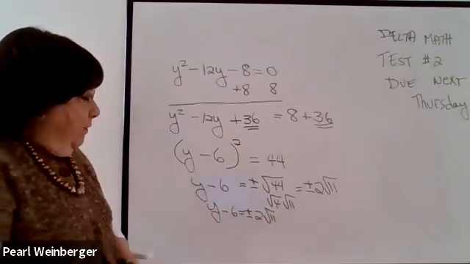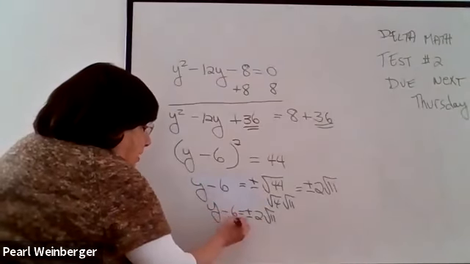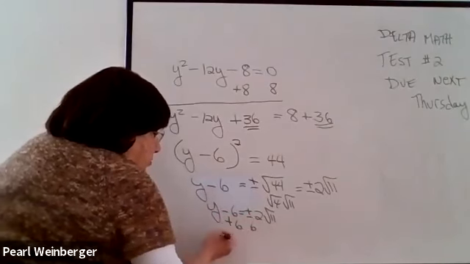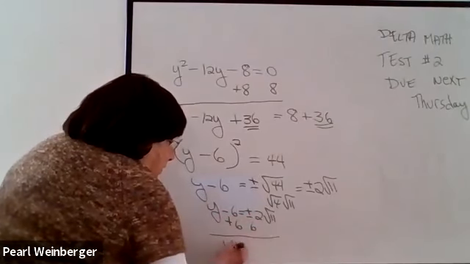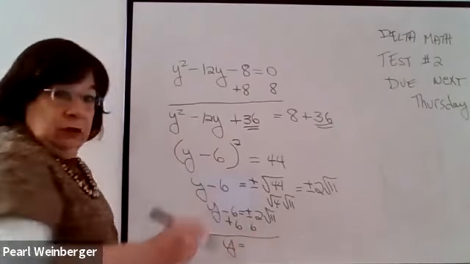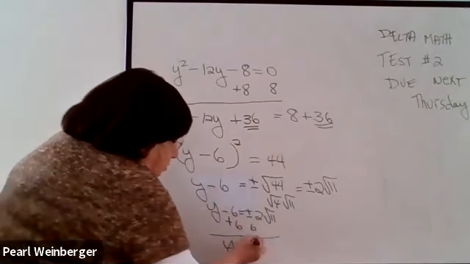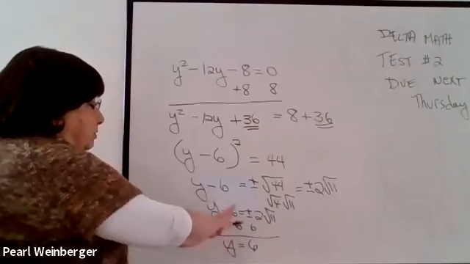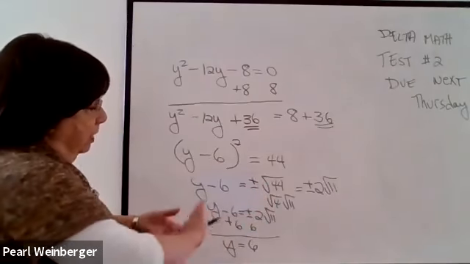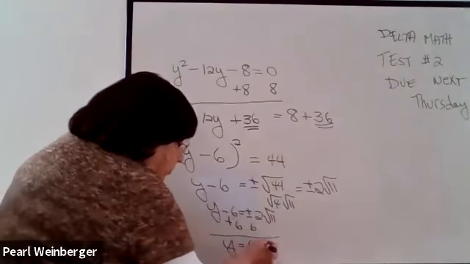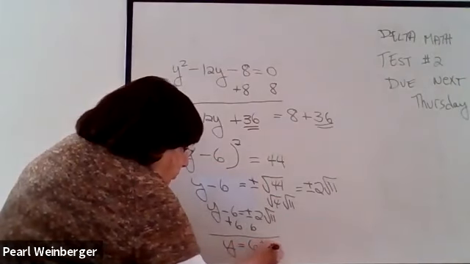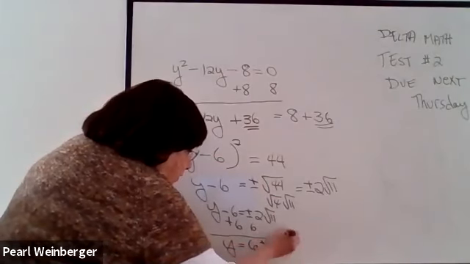And now all I have to do is add 6 to both sides, so that my final answer comes out to be y equals 6. Remember, the number I bring on the other side is always just a regular number. I always want it first. 6 plus or minus 2 radical 11.